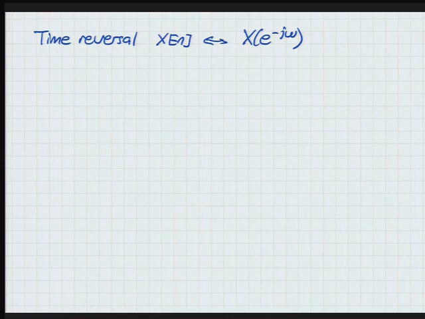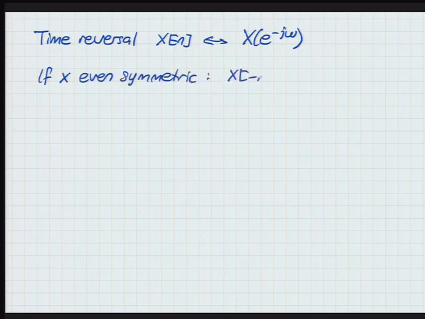So if I combine it with what I just discussed, we can conclude that if x is even symmetric, meaning that x[-n] is x[n], then we can just use the properties we discussed. This goes with X(e^{-jω}).